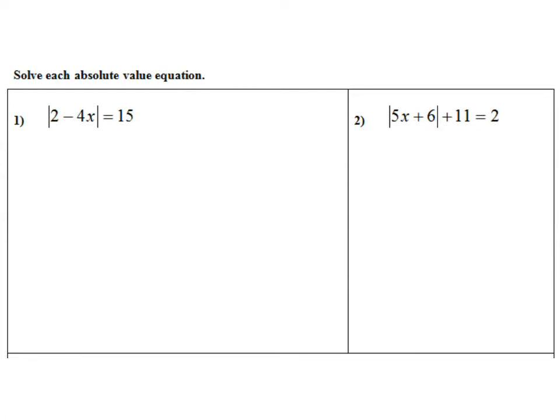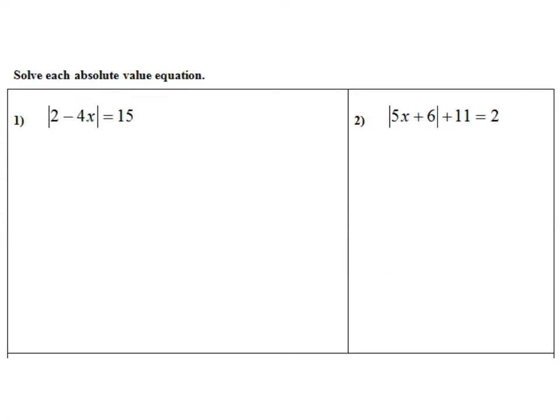Again, if I were to briefly obscure what's here in the middle and think about what my two possible solutions are, I can see that either a negative 15 would make this true, or a positive 15 would make this true. And therefore, whatever is actually inside here could be equal to either positive 15 or negative 15.